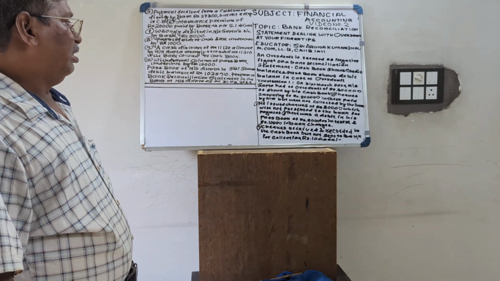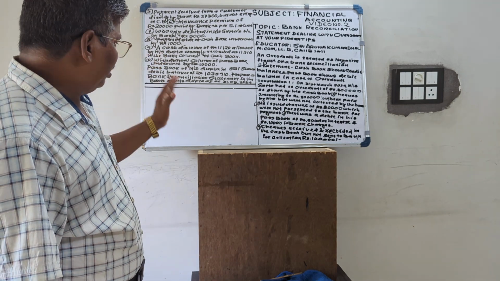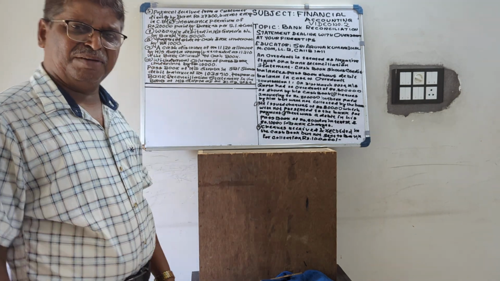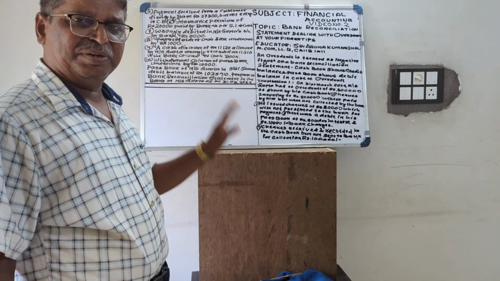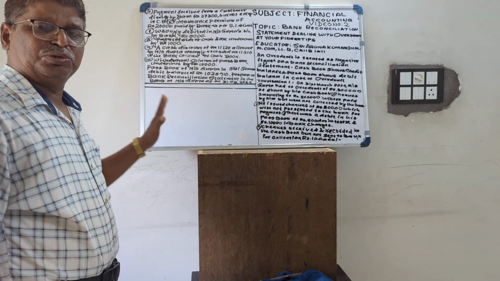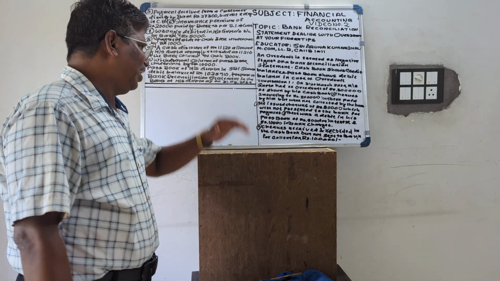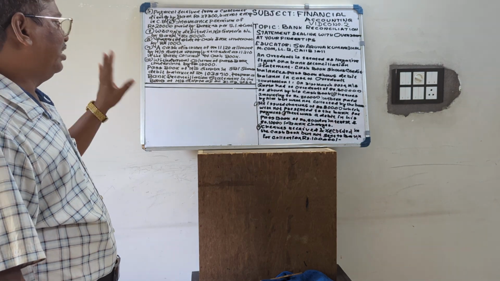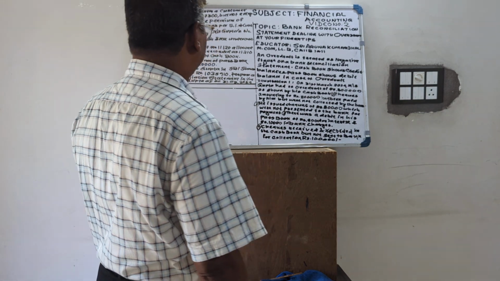Then, in case of overdraft, the deposits in the bank column of the cash book are less than the withdrawals. So the cash book shows the credit balance, that is the liability of the borrower, on which the borrower has to pay charges and interest to the bank.